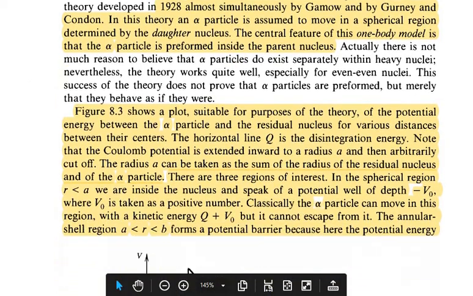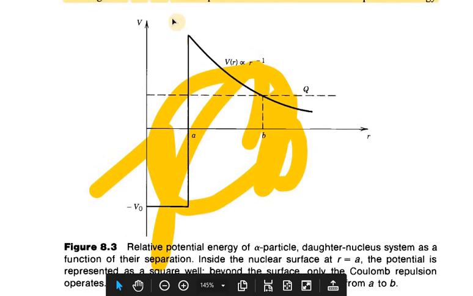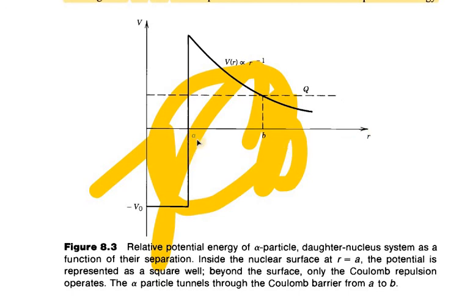Here, from this figure, you draw this figure and try to analyze it. Here, 0 to A represents the radius of the parent nucleus. Then this R represents the size of the nucleus, and this y-axis represents the potential energy.